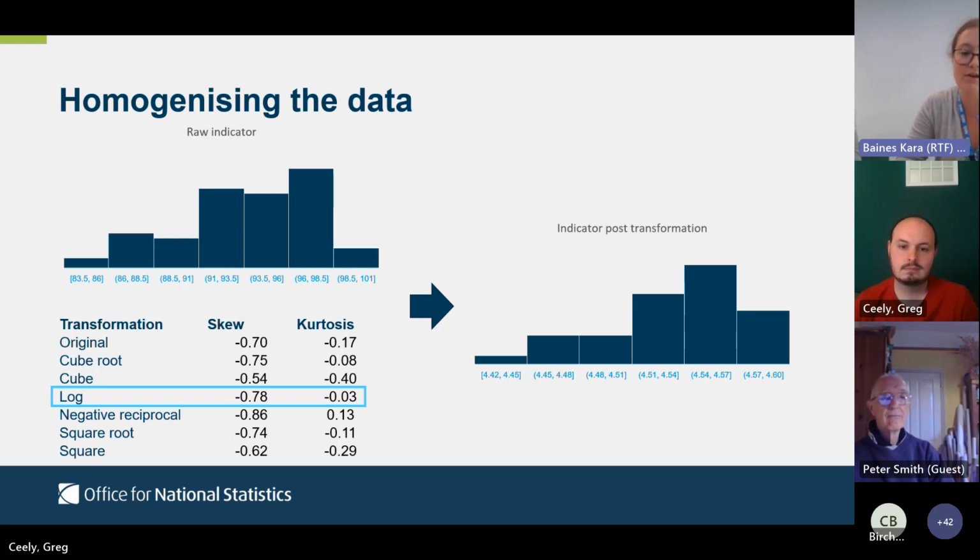You can see in the table underneath that the original skew and kurtosis values were minus 0.7 and minus 1.7. And if you applied the log transformation and calculated the skew and kurtosis again, you had a lower value for the skew and the tailedness when you applied the log transformation.